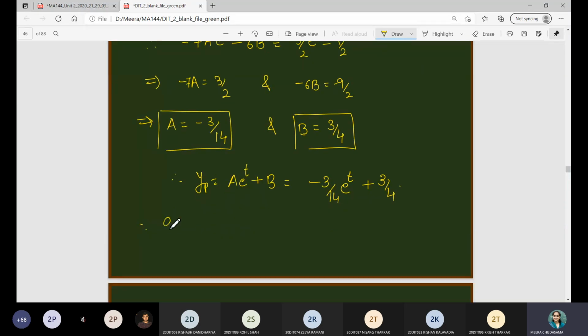So therefore the general solution of 2 is y is equal to yc plus yp.